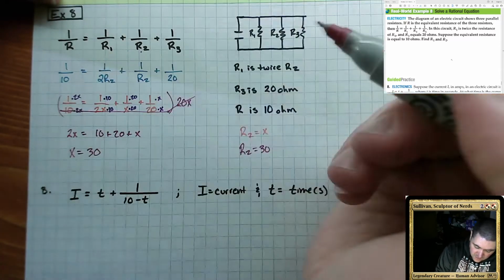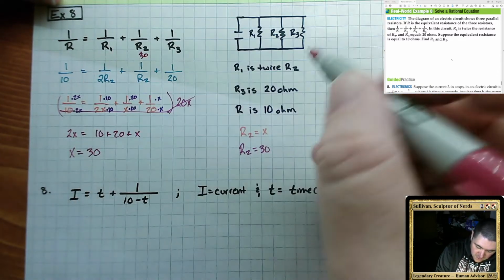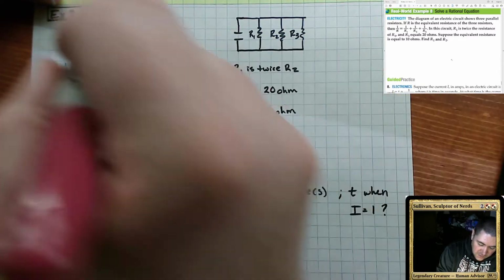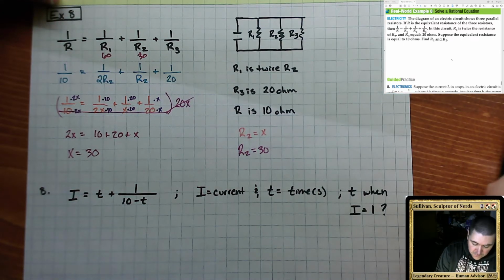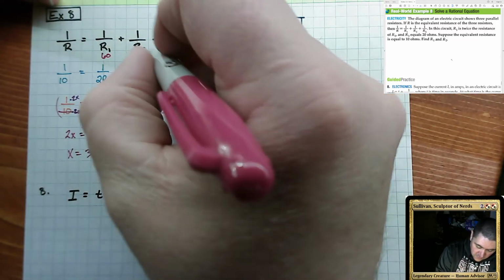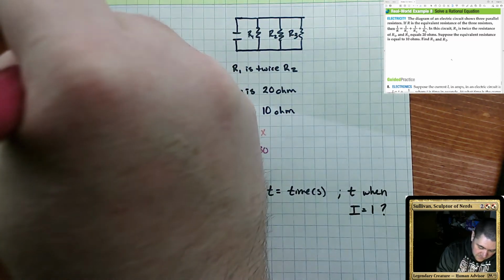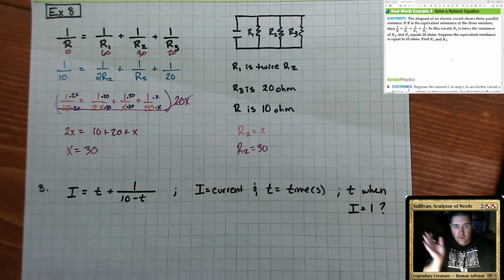This may be 30, but it said R sub 1 is twice that. So there's 60 ohms. They told me this one was 20, and this one was 10. So now I know the resistance of all of the different resistors.